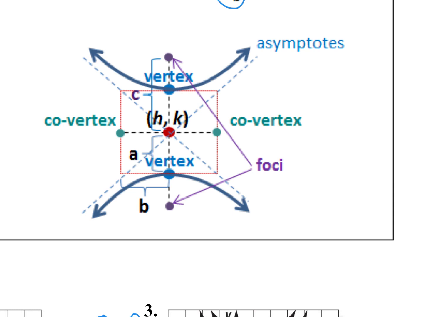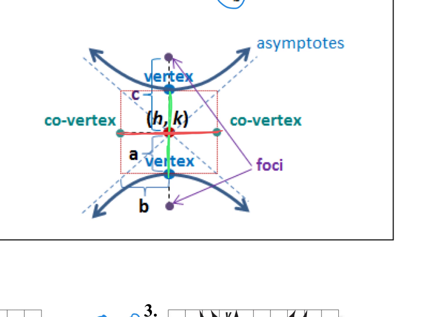The line segment that connects vertex to vertex, that is called the transverse axis, and the length of that is 2a, because from the center you go up a and down a, so the total length of that would be 2a. The line segment that connects covertex to covertex, the length of that is 2b, and that is called the conjugate axis.